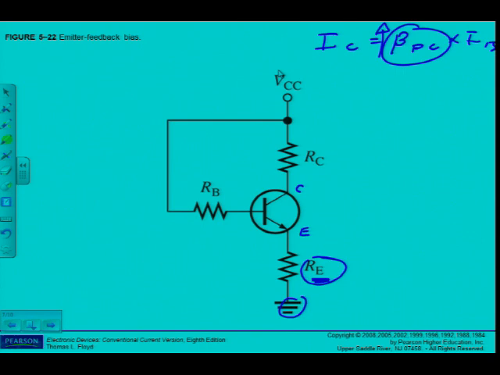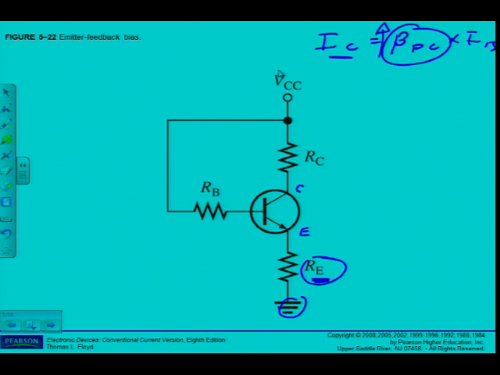The emitter voltage increases. If IC is going to increase, what's going to happen to the emitter voltage? V is equal to I times R. IC, we assume approximately the same as IE. So if IE also increases, that voltage is going to increase. Do you agree? Alright.